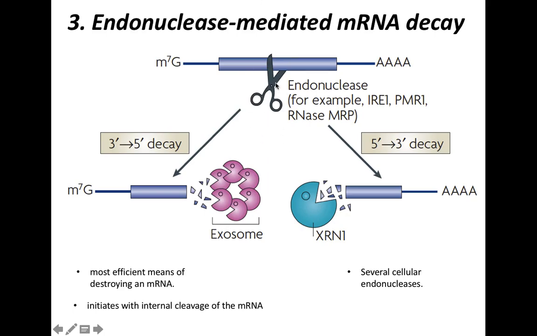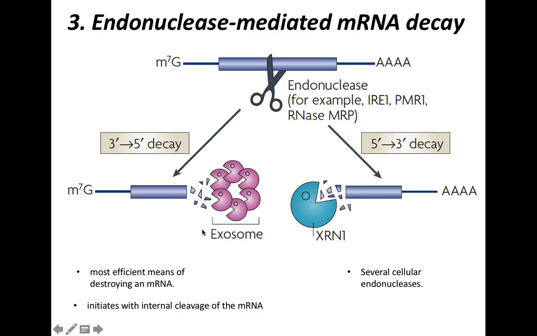So what happens after the mRNA molecule is cleaved in the middle? It can go either way, because it's unprotected in the middle now. If you cut it here, so that should be the 5' end, and this should be the 3' end of the mRNA molecule, it is cleaved into two parts. One part contains the cap at the 5' end, and its 3' end is naked.